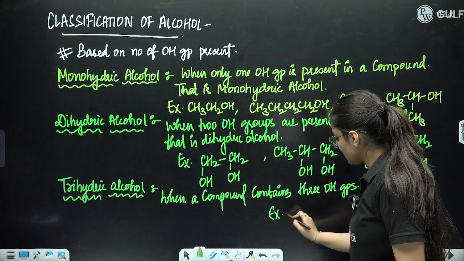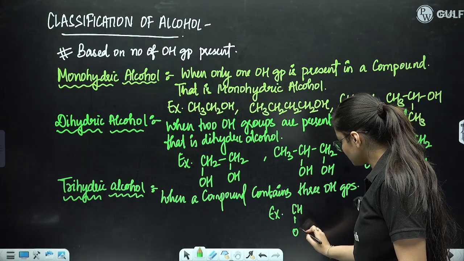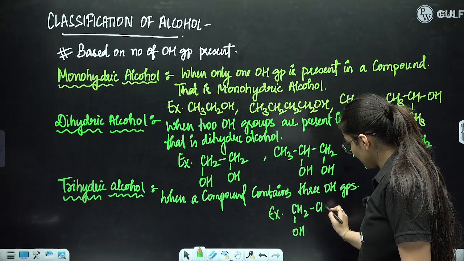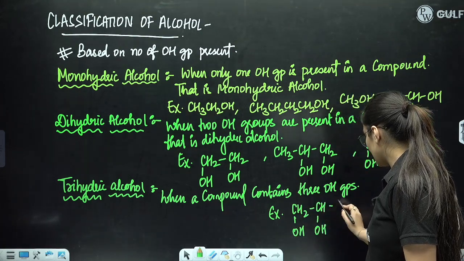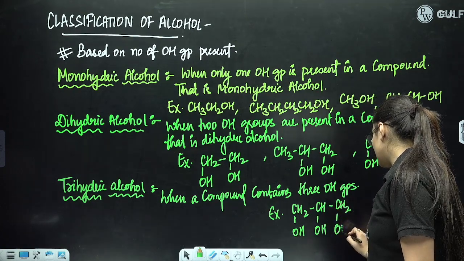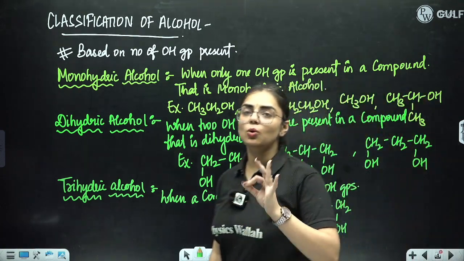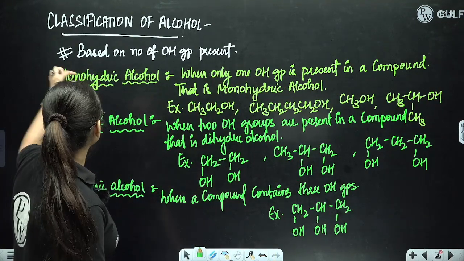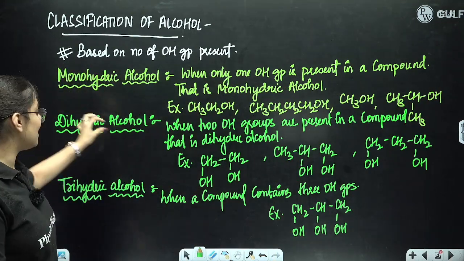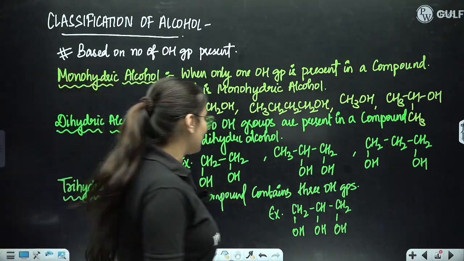Let's take a general example. So this is a general example where we have three OH groups present. So this is monohydric alcohol, dihydric alcohol and trihydric alcohol.